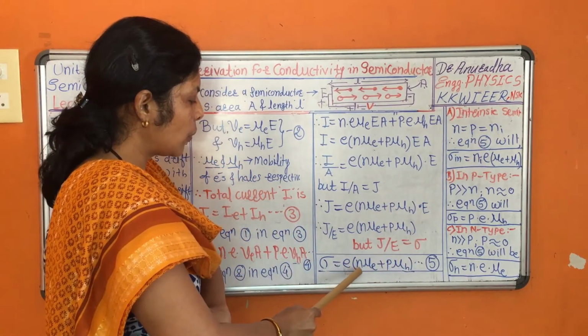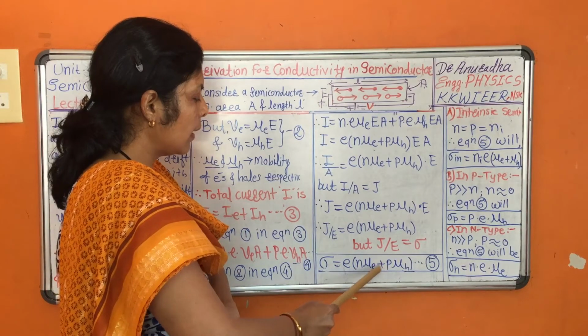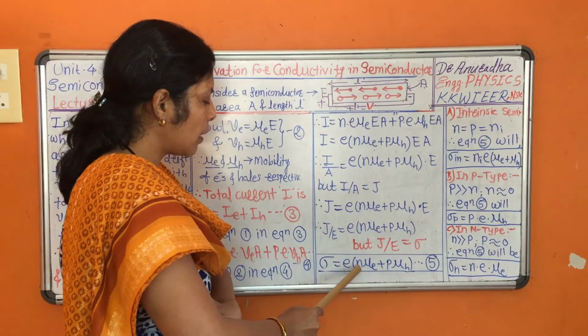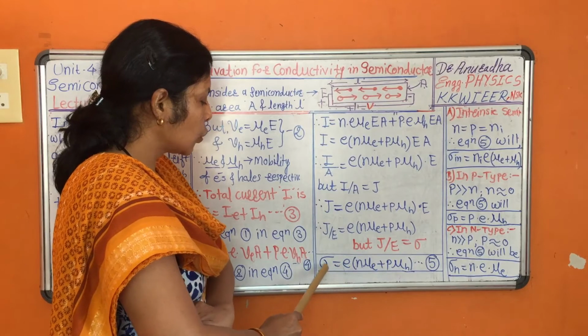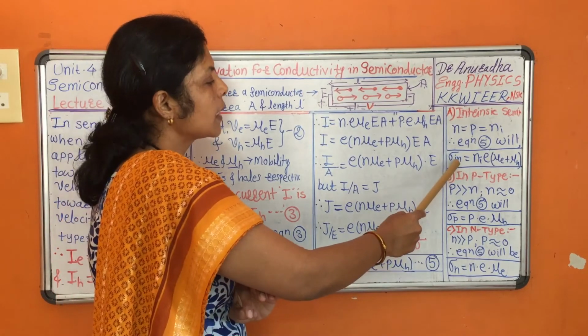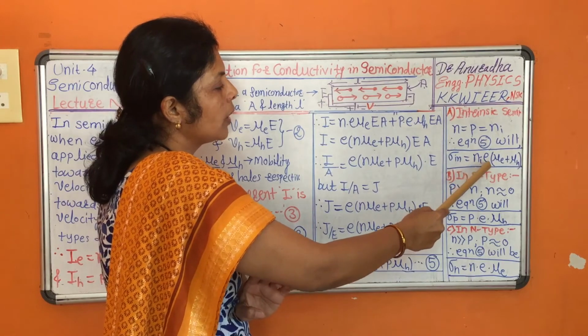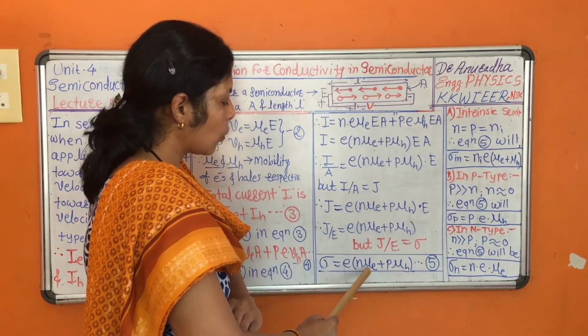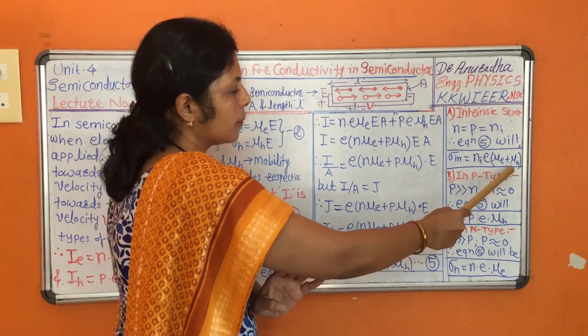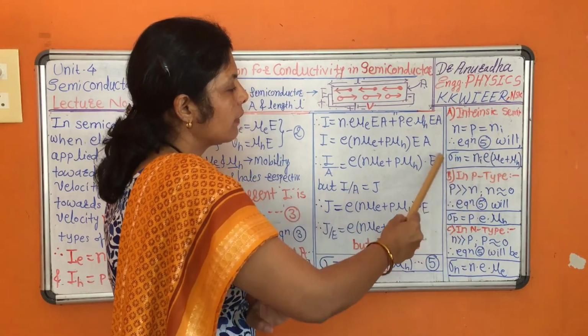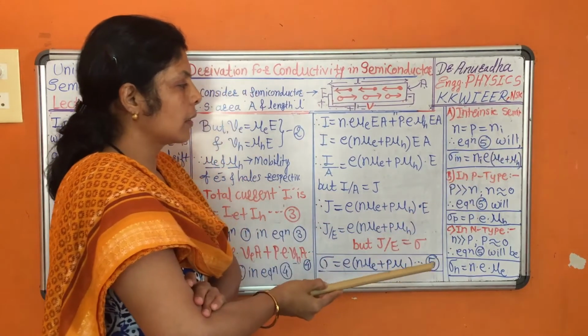It is common in both the terms and it will come out. So sigma for intrinsic semiconductor has n_i common coming out, e is there, and inside the bracket only mu_e and mu_h will remain.